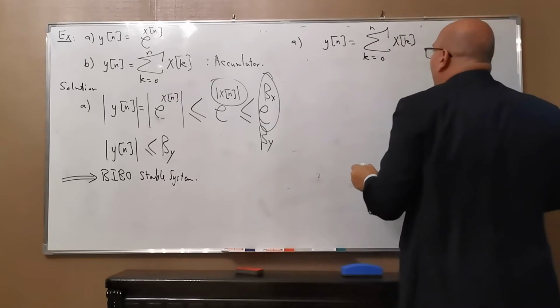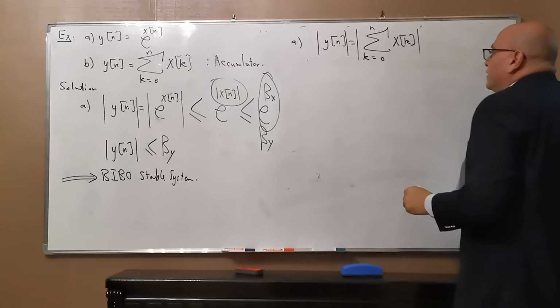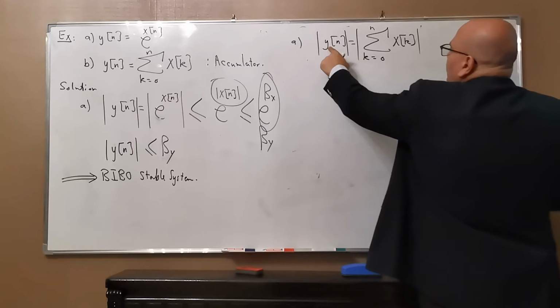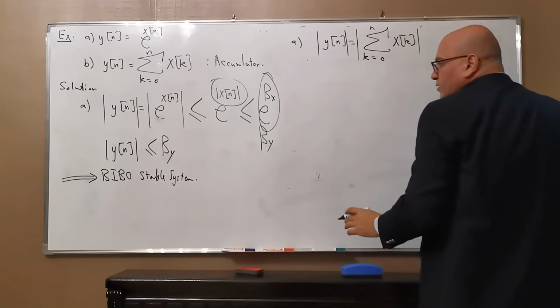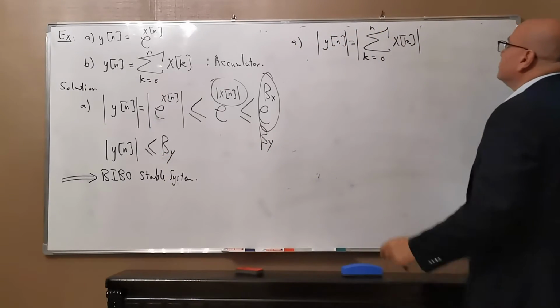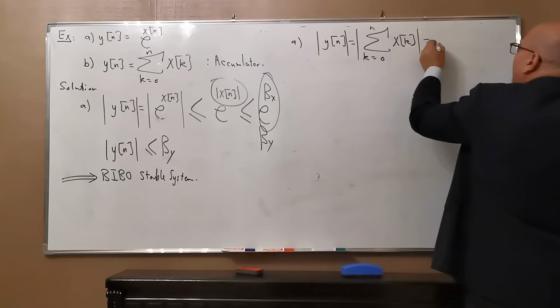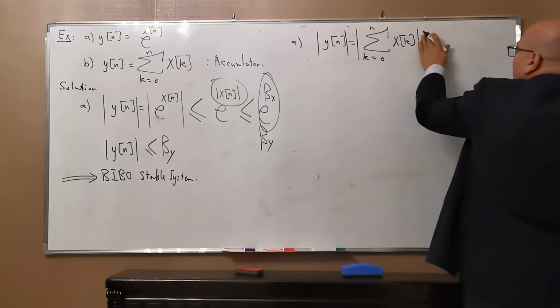So we are adding values. We'll take the absolute value of both sides. Now, this one is our y, our target to prove, as here. I'm going to take the absolute value and move it inside. So I'm going to say it's not equal, actually.